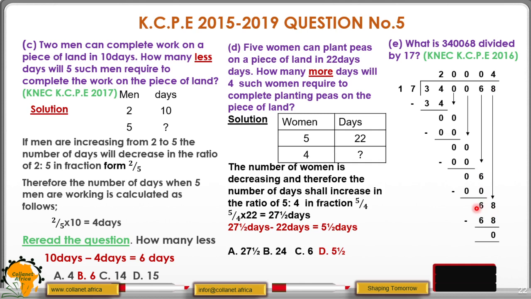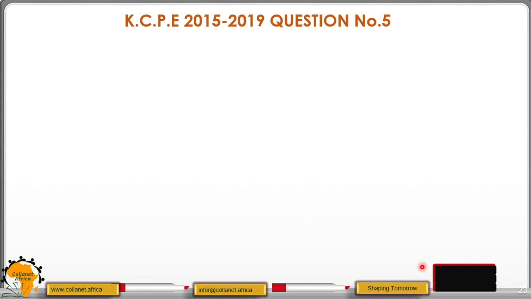Now 68 can divide 17. So how many times? 4. So you put 4 multiplied by this, you get 68. You subtract to get a 0. Note how these zeros can come up, because this is the most tricky part. So follow this. You can rewind to listen again. The choices are there and the answer is A.